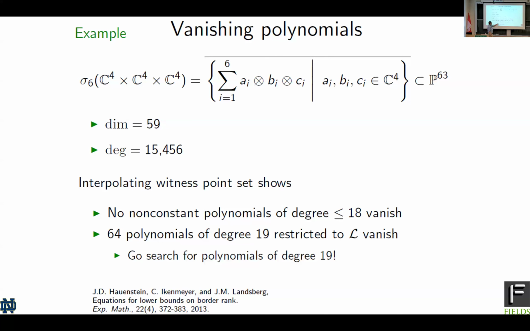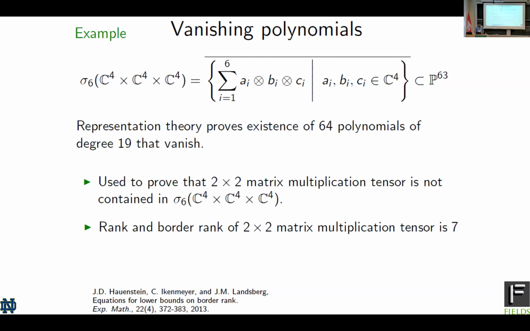If you go up to degree 19, then you can get 64 polynomials. I remember walking up to JM's office and telling him, there's 64 polynomials of degree 19. JM did his magic on representation theory and said exactly what they correspond to. So go search. JM searched and was able to find them.